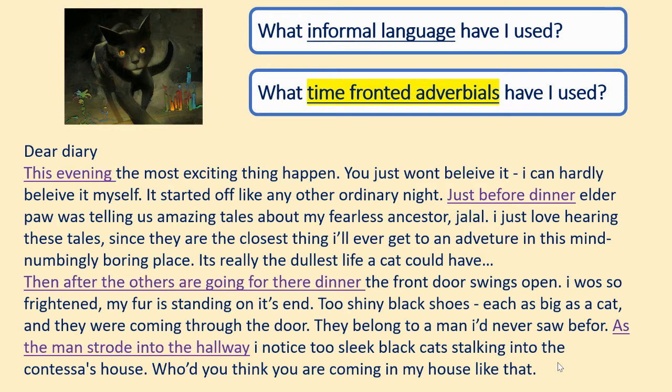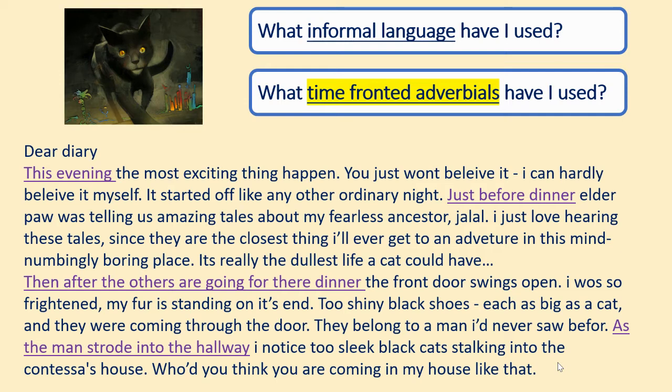And here we are. I have underlined them here. I've used this evening. I've used just before dinner. And I've used then after the others are going for their dinner. And then I've used as the man strode into the hallway. So I've used a real range. They're very different time-fronted adverbials, so they tell the reader when something happens.